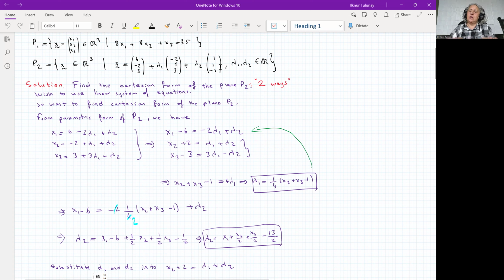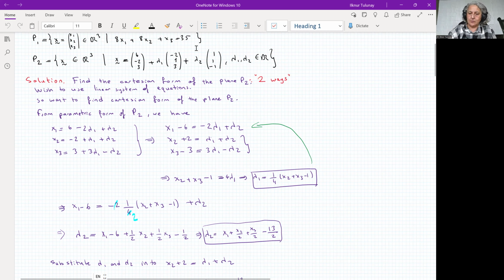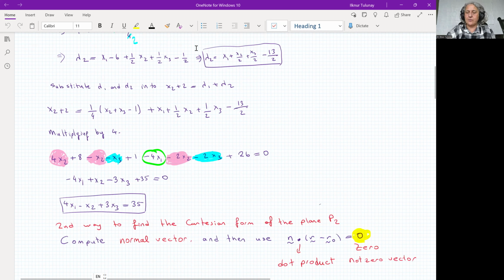The normal vector is any vector which is perpendicular to your plane. How do you calculate it? You take any two directional vectors and cross product them, and it gives you the normal vector. So by that way, you calculate only the normal vector and tidy up the equation. It is much more straightforward than the first method. Let's do that and you will see.